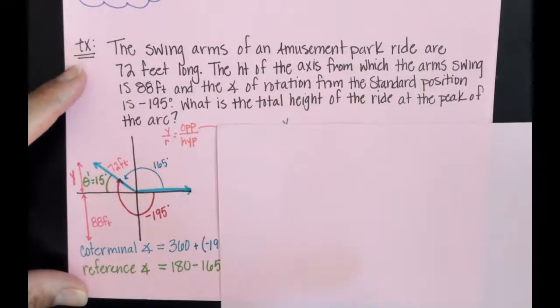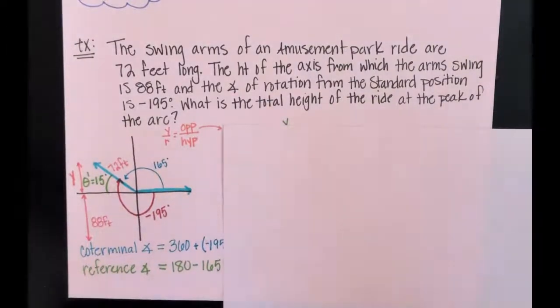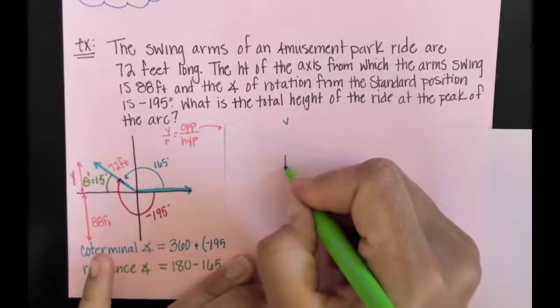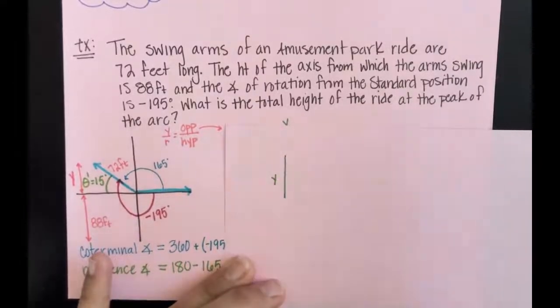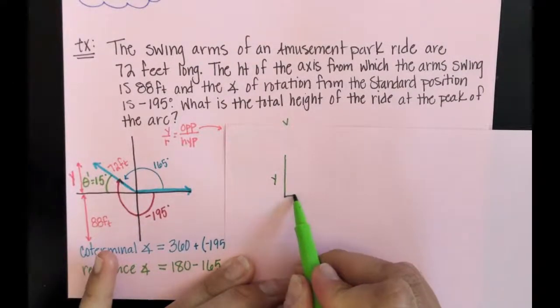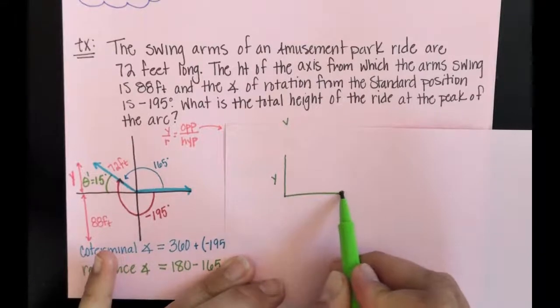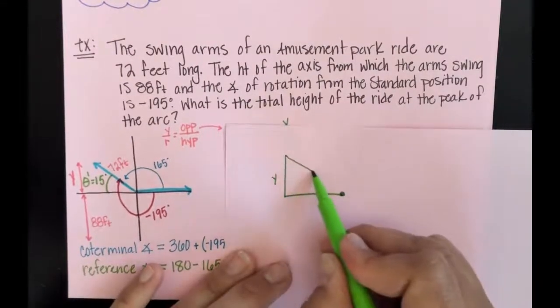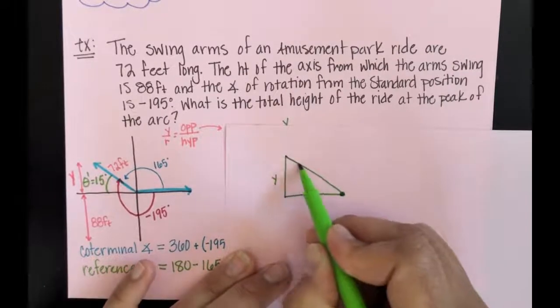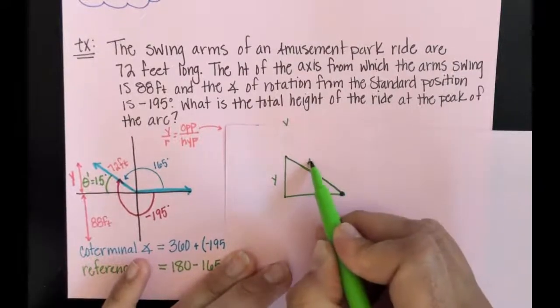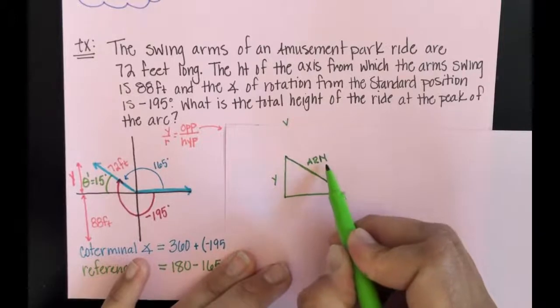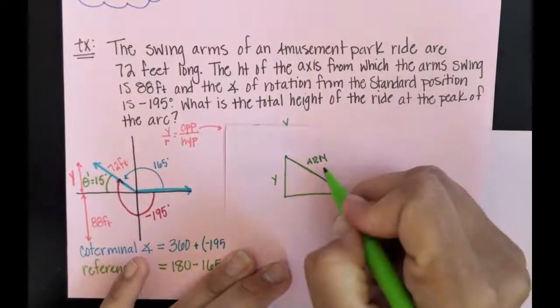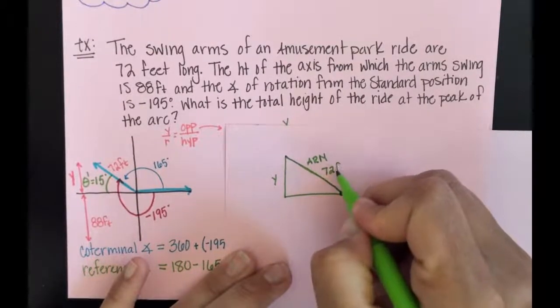So if you're having trouble visualizing what that looks like, there's that vertical distance y. Here's that horizontal distance to the axis where it intersects. Here's the arm of our ride. And the arm of our ride, they already told us, was 72 feet.